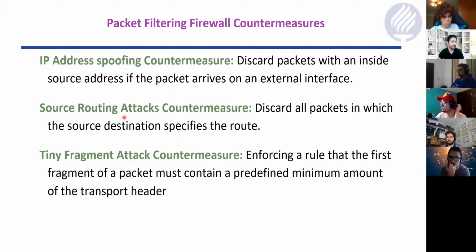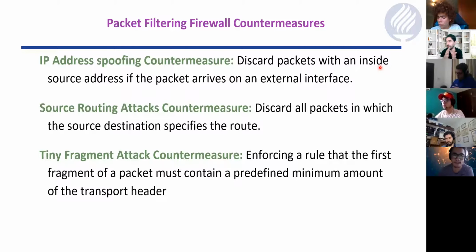Or source routing attacks countermeasures, where you discard all packets in which the source destination specify the route. Sorry, I'm talking about the countermeasure. So basically you're discarding the packets with an inside source address if the packet arrives on an external interface.